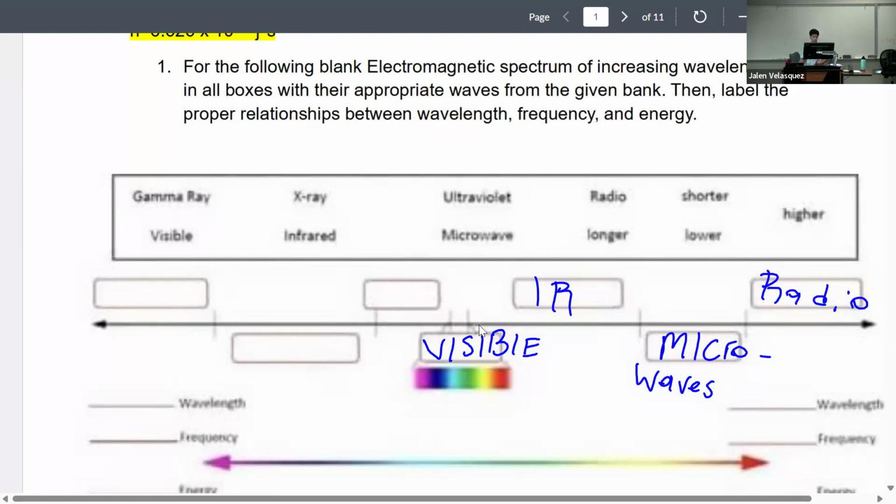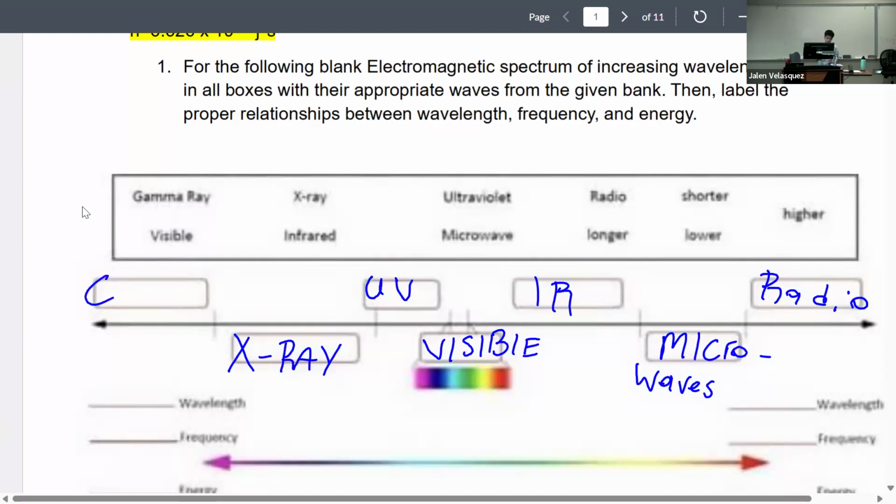All right, how about going to the left? So what is just to the left from the visible portion? UV, good. And we definitely know about that here in Florida from the sun and getting sunburned. What is after UV here? X-rays, good. And what is the final one going to be here?